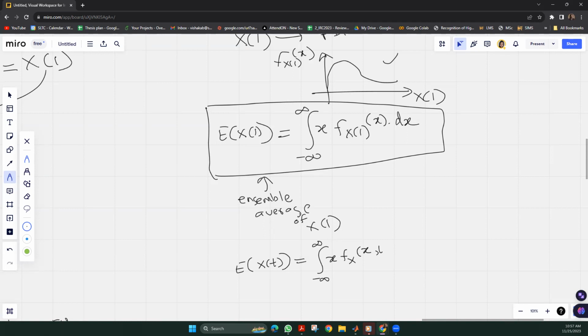To denote the time instance, we put x comma t, then dx, so we are integrating with respect to the random variable.